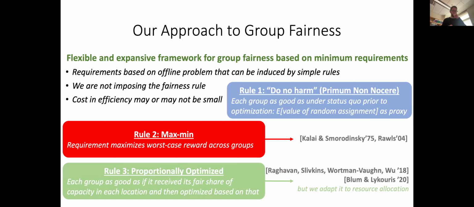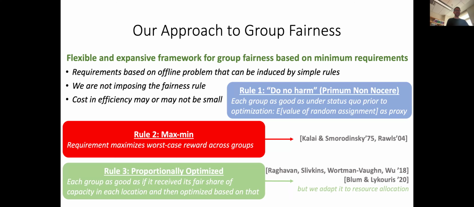consists, if the number of cases of a particular group, for example, is half of the number of all cases, then we want to solve an optimization problem where that group receives half of the capacity in each location. That's what we call the fair share of capacity in each location.